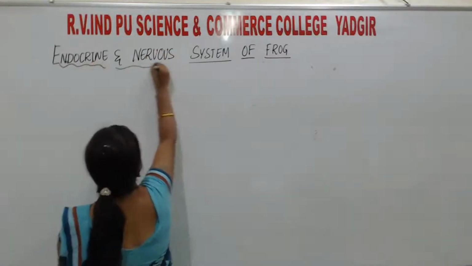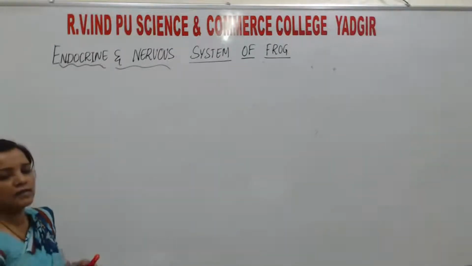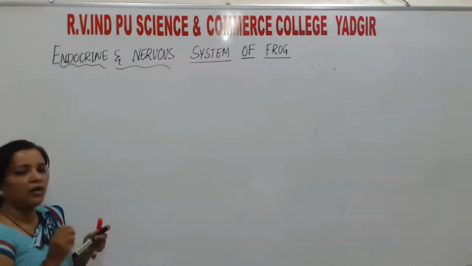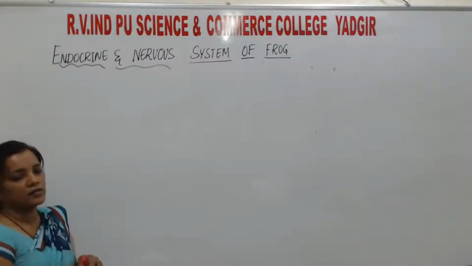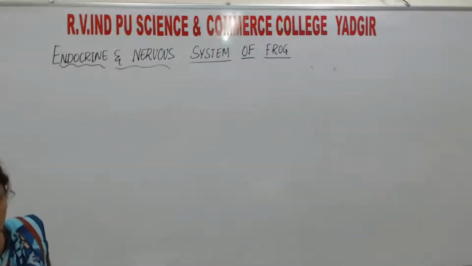Next topic of a frog: endocrine and nervous system. They also have glands and a well developed nervous system. Let us list out what all the parts are present.